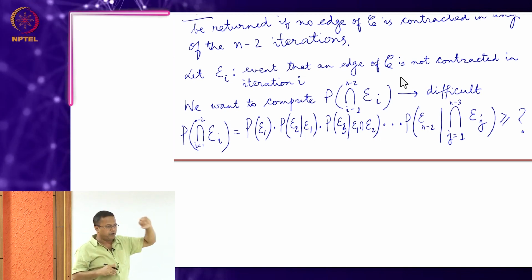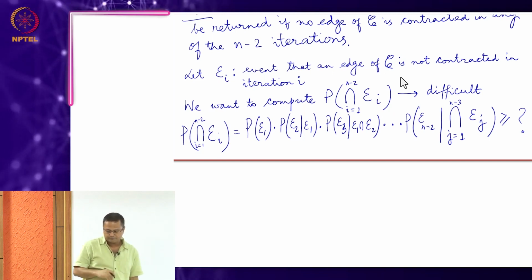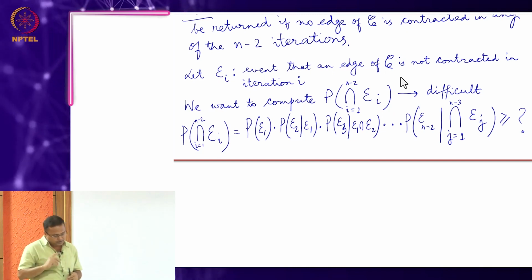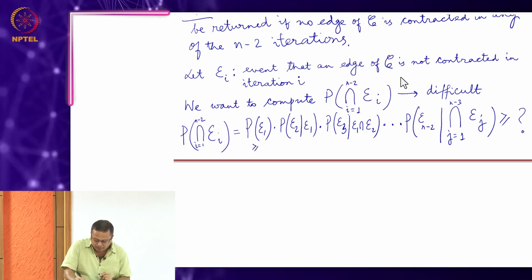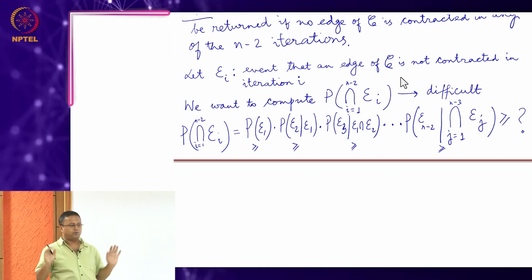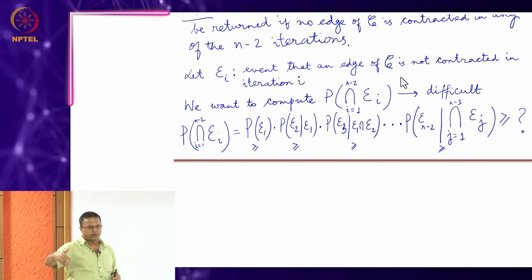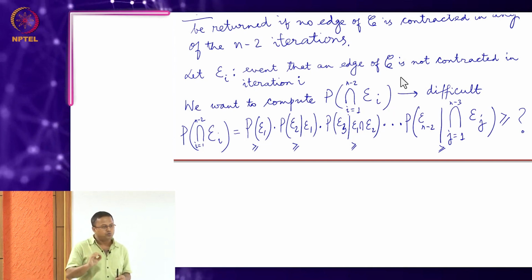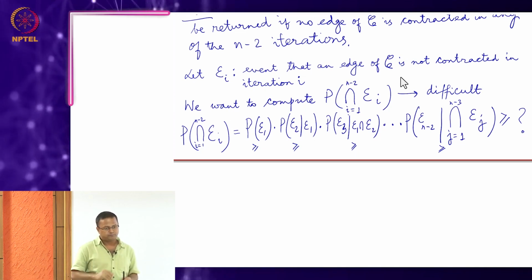For the failure probability, I would give you an upper bound. So here I would want a lower bound. That means I would want for each one of them a lower bound. Then I can multiply them to get the final lower bound. So let us now try to figure out these lower bounds. If we can, we are done.